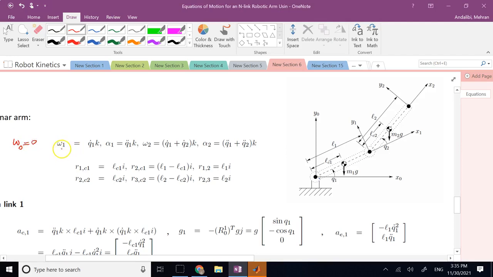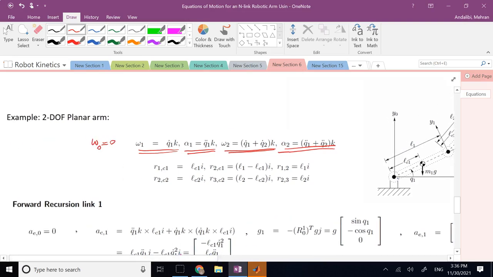So from there, we can find omega of 1. Omega 1 is Q1 dot times K, and alpha 1 is Q1 double dot times K. Omega 2 is Q1 dot plus Q2 dot times K. And alpha 2 is Q1 double dot plus Q2 double dot times K.